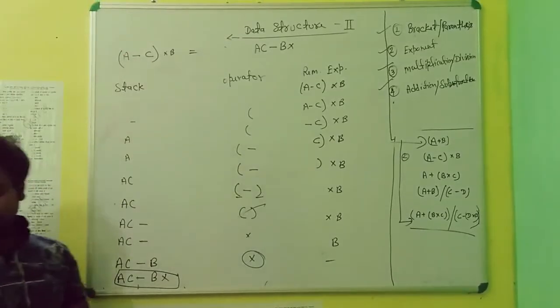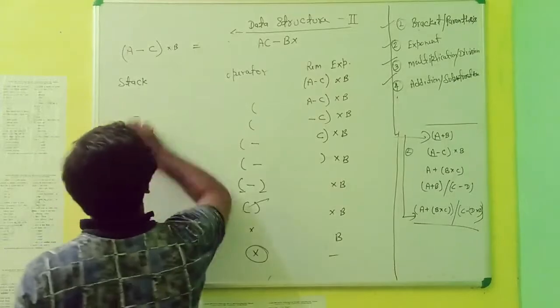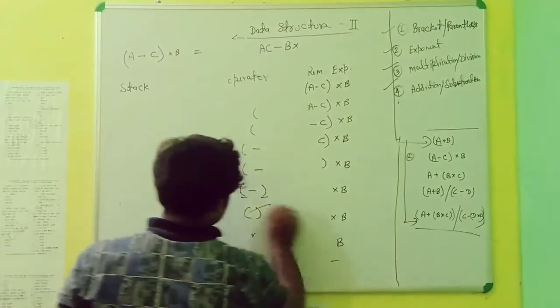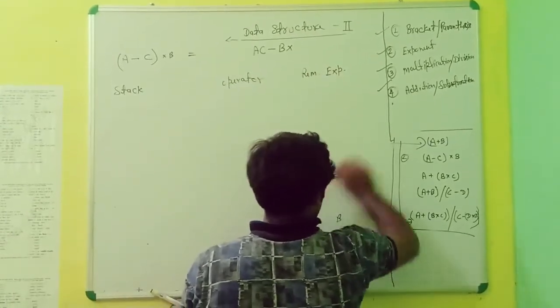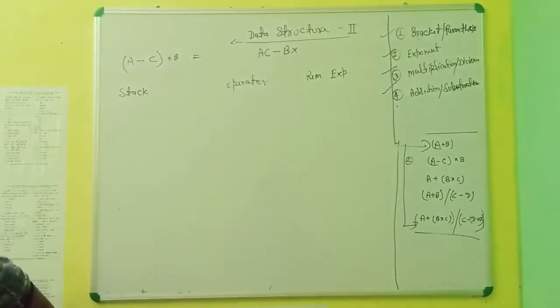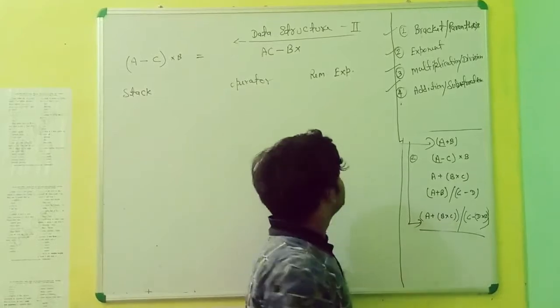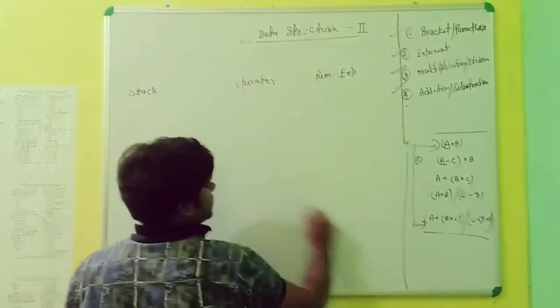Okay. Now we are going to solve another example. Now we will directly solve this expression. This is the longest expression in the examples which I have written. So this is the infix expression.